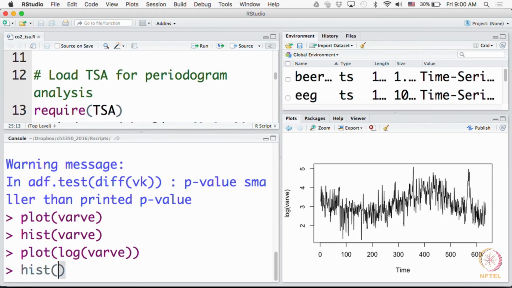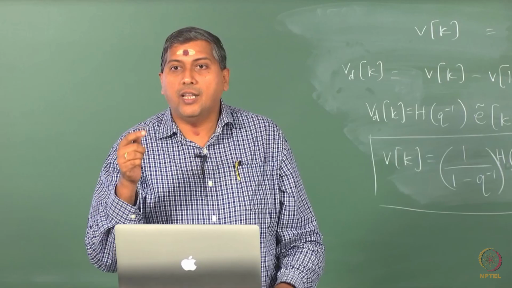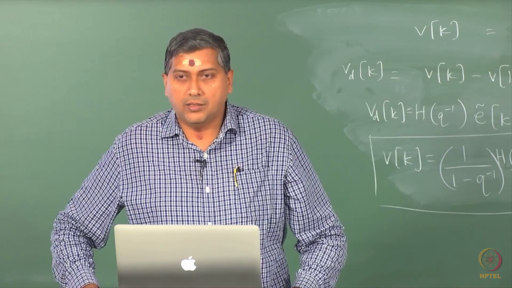And finally, if you look at the histogram of the logarithm, it is Gaussian. So, you have to be careful also. This means that if your series is Gaussian somehow and the variance is changing with time, when you are transforming the series, you may end up changing the distribution, and therefore, you have to be careful in working with these transformations.